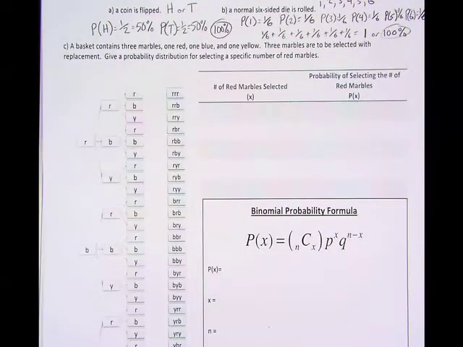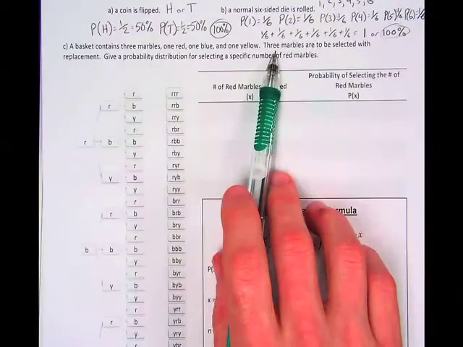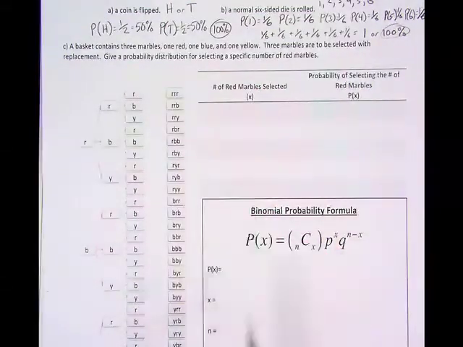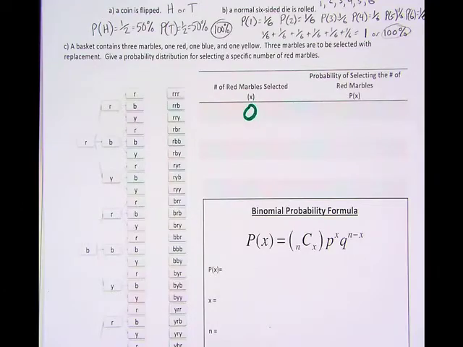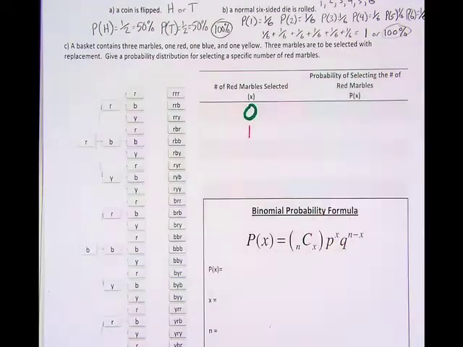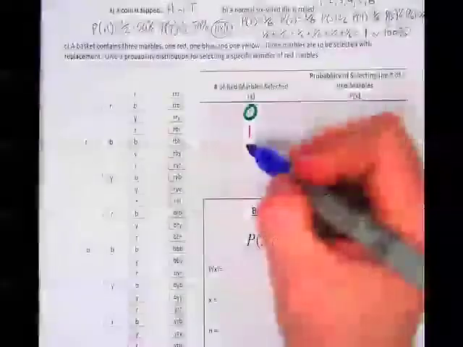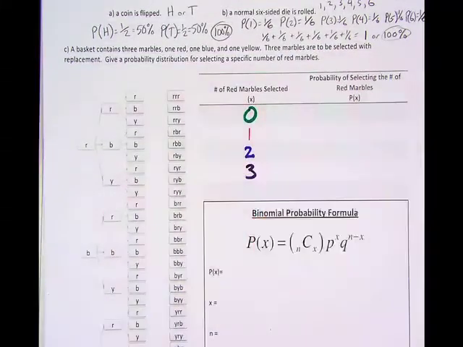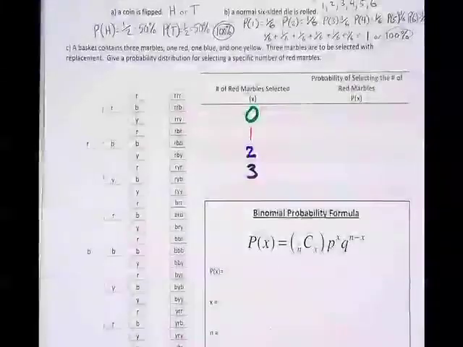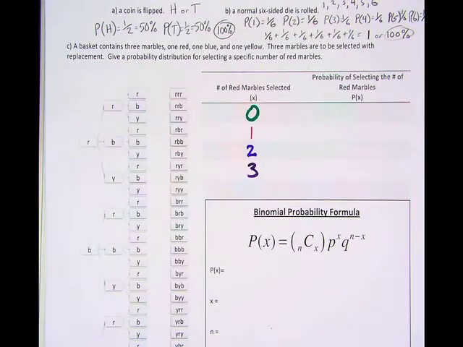As we look at this, we are pulling out 3 marbles, and the possibilities are the number of red marbles selected. We could get 0 red marbles, or 1 red marble, or 2 red marbles, or all 3 red marbles.